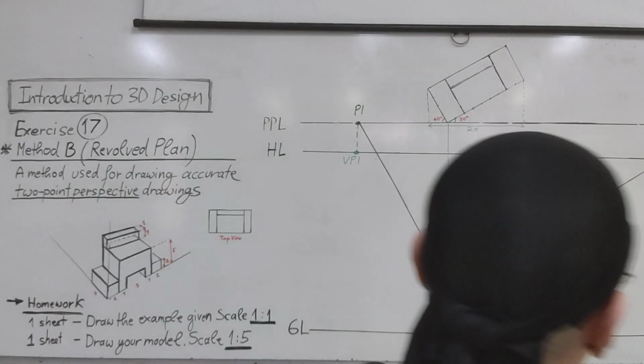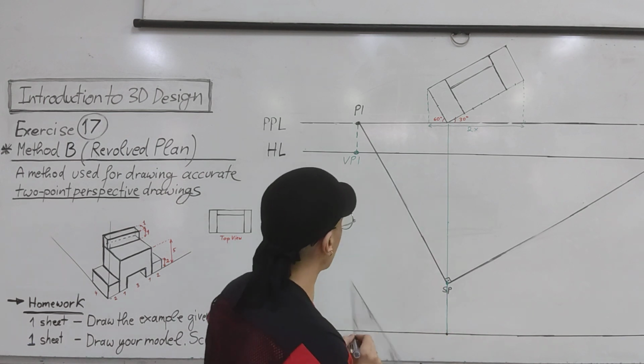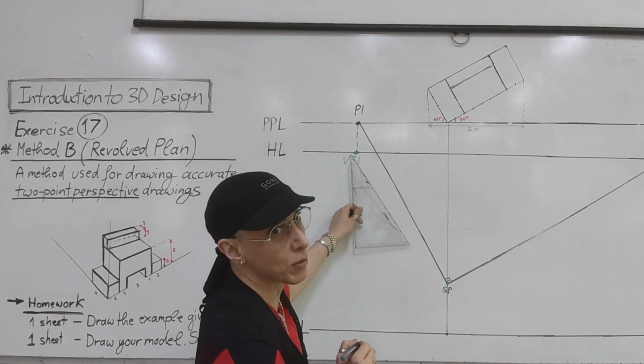Now, from this point that touch the ground line, we will take to the vanishing points. Okay?